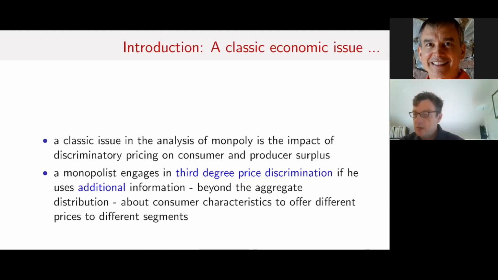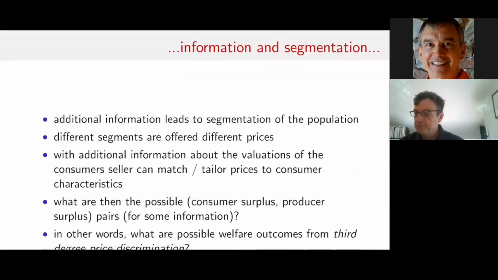The language that we're going to use comes all the way back from Pigou, who said that a monopolist engages in third-degree price discrimination if he uses any additional information beyond what he knows about the aggregate distribution of buyers, such as the consumer characteristics, to offer different prices to different segments in the market.